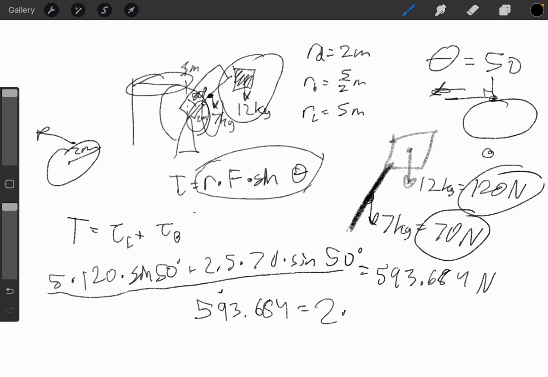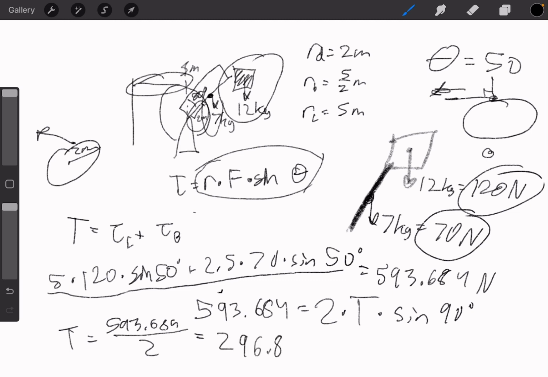So that's 2 times the force of tension because that's what's being applied here, times sine of 90. Sine of 90 is 1, so tension is just equal to 593.684 over 2, which is simply equal to 296.842 newtons. And that should be your answer.